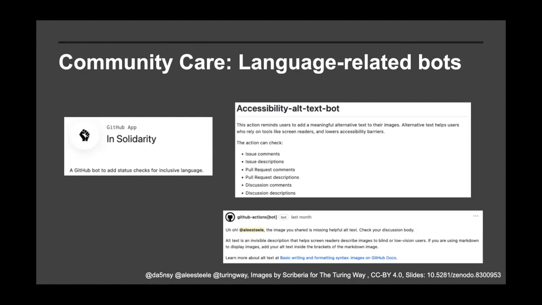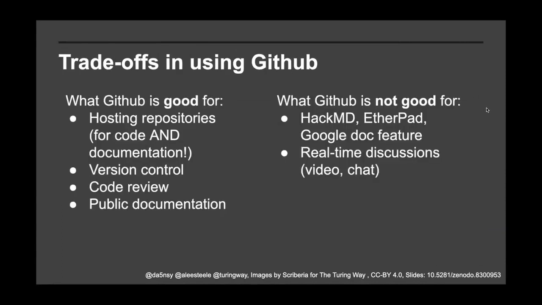The accessibility alt text bot flags images that don't have alt text in comments on issues and pull requests, which is very cool. That is something that makes GitHub more accessible for screen reader users, which is really nice.